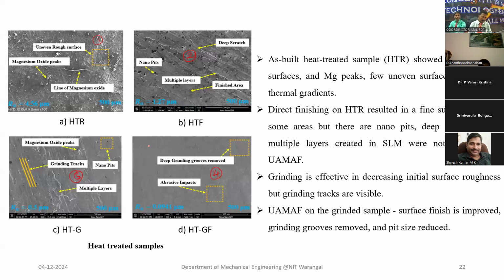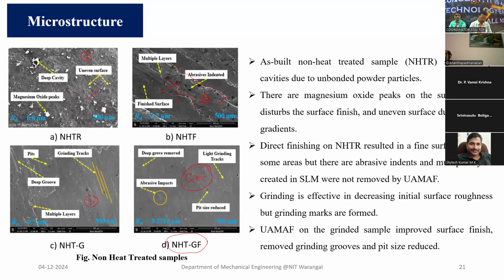That means because of the heat treatment the surface is slightly improving, and if you perform grinding and finishing on the heat treated sample, then because of the readjustment of the porosity, we are getting a very good surface. You can see the surface roughness of this one is 0.09 micrometers, whereas this finish is 0.22 micrometers.